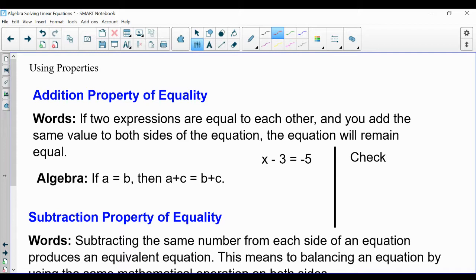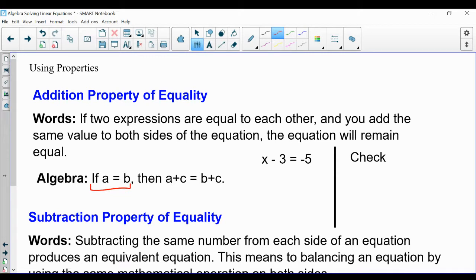The addition property of equality says if two expressions are equal to each other and you add the same value to both sides of the equation, they will remain equal.